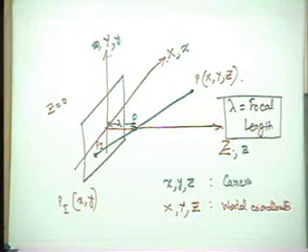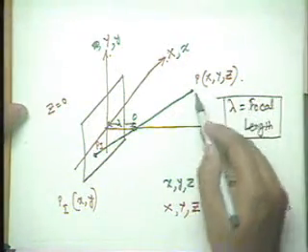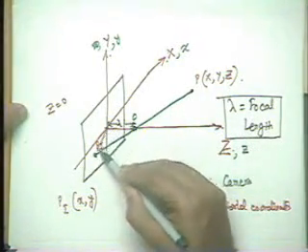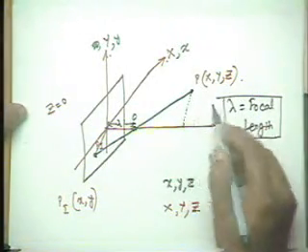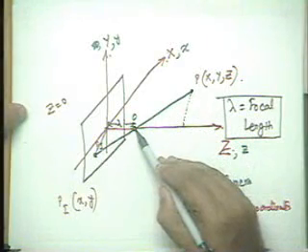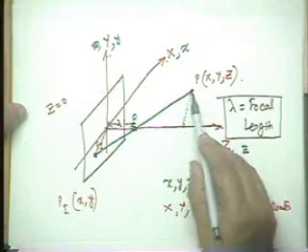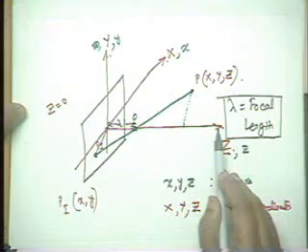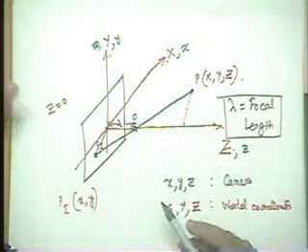Now, we will find that if we look at this triangle, and if we look at the triangle which will be formed by considering this point O, the point P and the perpendicular drawn from P up to this z axis, then this triangle and this triangle will be similar triangles.